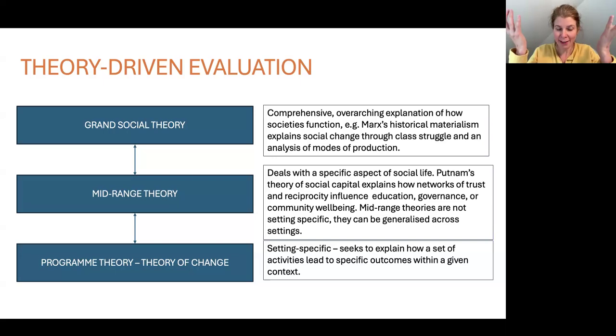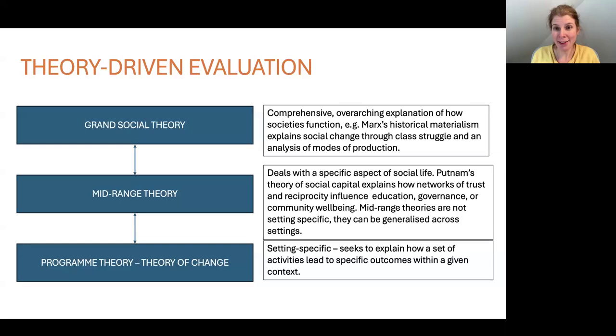If we want to abstract up from there, another set of theories that we could draw upon or construct are mid-range theories. And these are higher level and they deal with specific aspects of social life that are not setting specific. They can cut across different settings. So one example is the theory of social capital to explain how relationships of reciprocity influence different health and well-being outcomes. This is a theory that can be applied to many different kinds of settings.